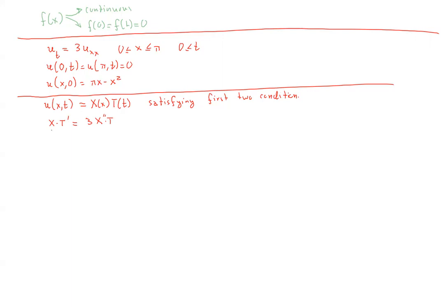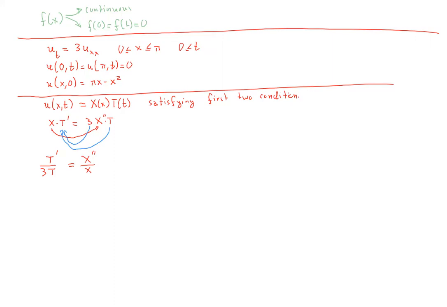We bring this X over, we bring the 3 and the T over here to the denominator, and pretty much we get X double prime over X is equal to T prime over 3T, right?